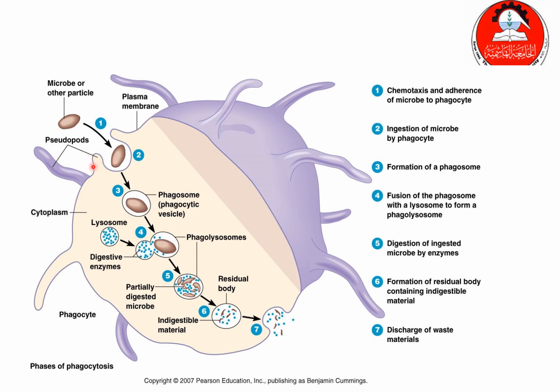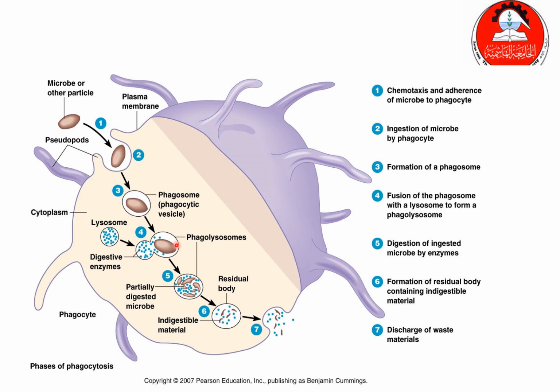Formation of pseudopods. This is the microbe or the pathogen or the foreign antigen, and this is the phagocytic cell. It's going to form the pseudopods, these arms, and then it's going to engulf the foreign antigen and ingest it into the phagocytic vesicle. Then the lysosome is going to fuse with the phagocytic vesicle, forming what is called the phagolysosome.